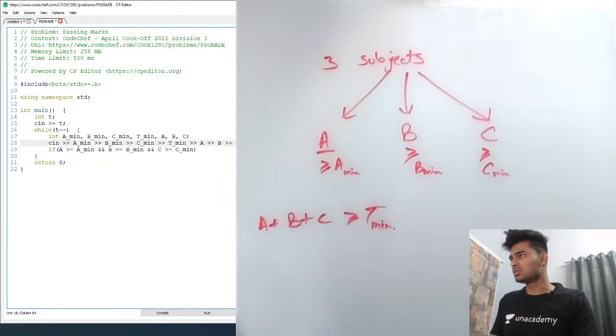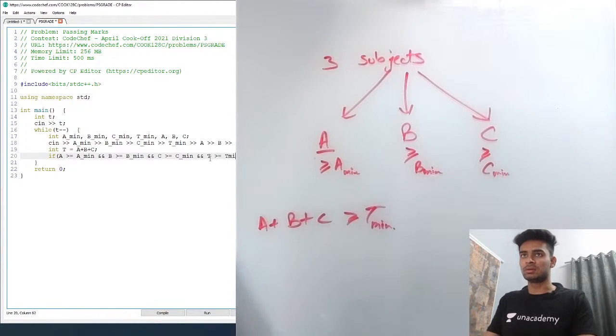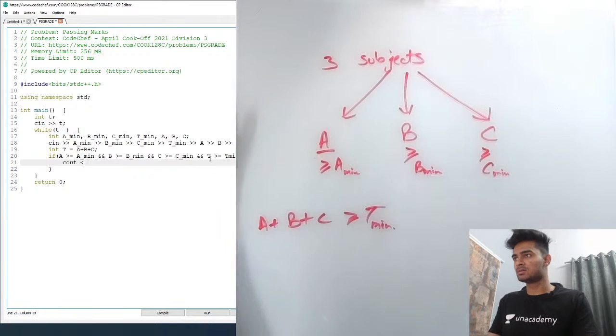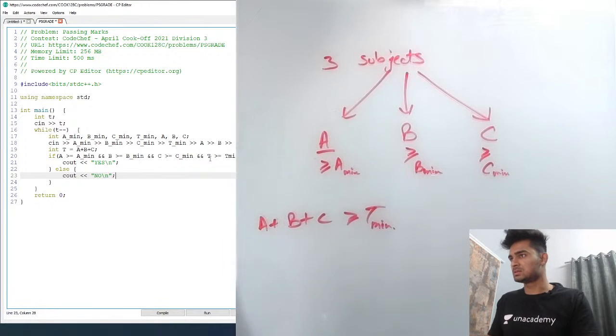And let's have a total sum as well. So int t equals a plus b plus c. And now we need t to be greater than or equal to t_min. If this is true, then we print yes, else we print no. I think that's it.